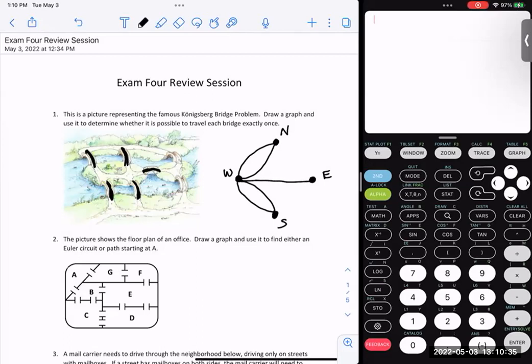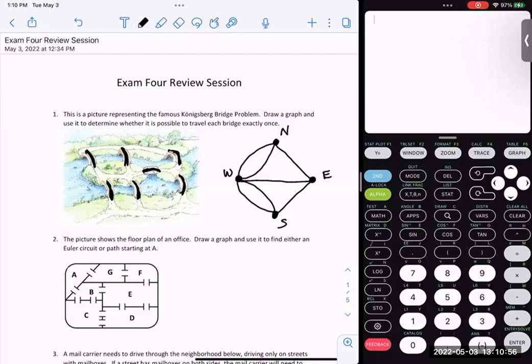I'll need an edge there. And then this bridge connects north to east, and this one east to south. And that's all of my bridges. I wrote over them to check them off as I went. So this is my graph that I've made for this Königsberg Bridge problem.